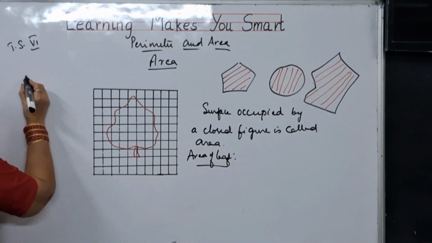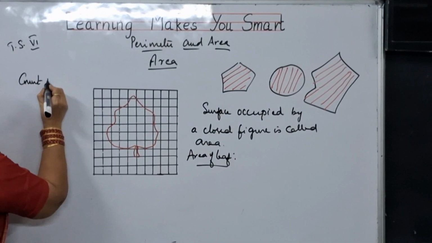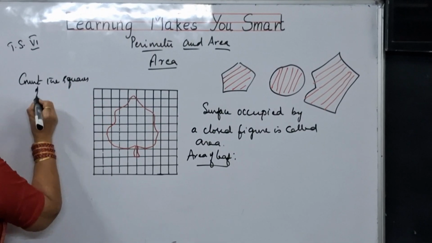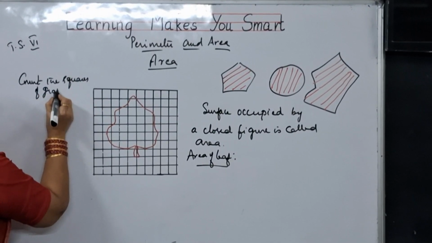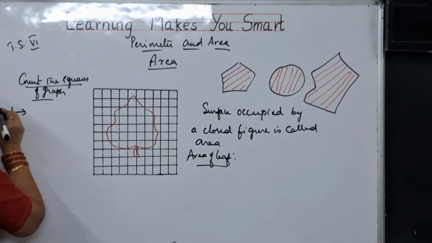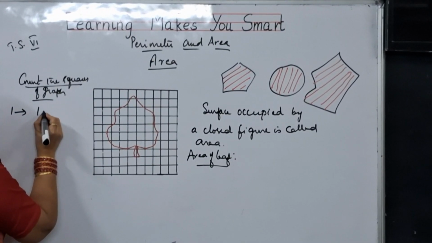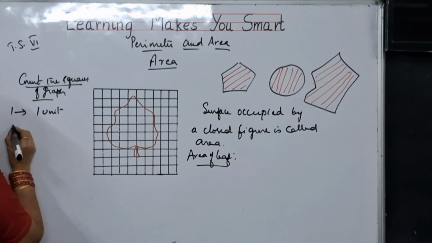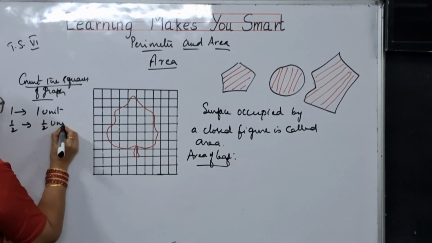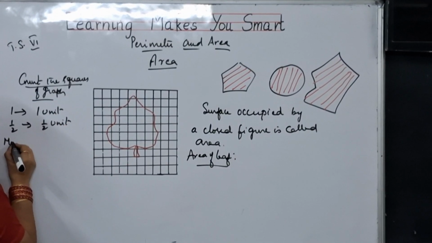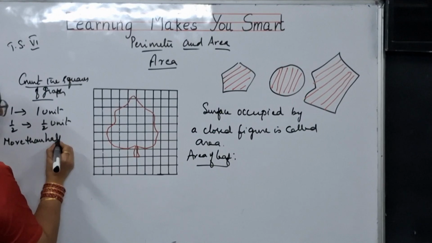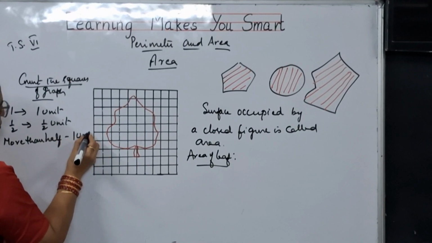So, I'll write here how you count the squares of the graph. If totally filled, we take it as 1 unit. If it is half filled, we call it half unit. And if it is more than half, even then we call it 1 unit.